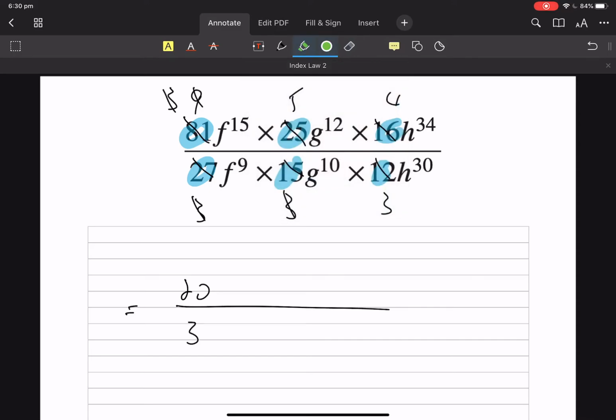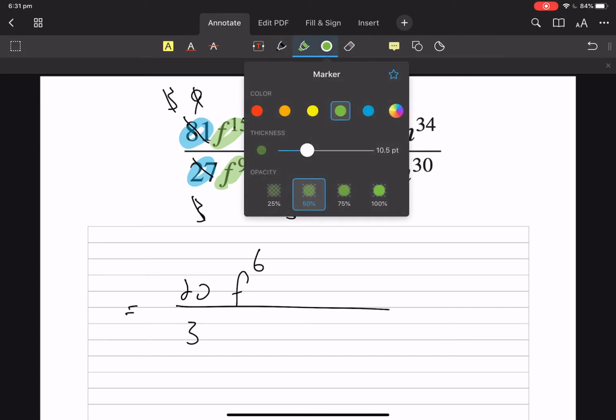Let's go green. A, B, C, D, E, F, G, H. So let's do F first because F comes first in the alphabet, no other reason. How many F's do I have? So there's 15 on top and 9 on bottom. That means there's 6 left over on the top. The letters are easy, easier than the numbers.